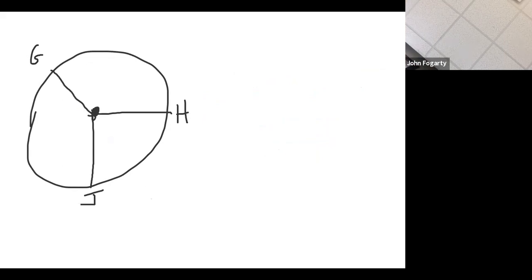I know that this is 90, and I know this is 130. There's the center of the circle. If I said to you, what's X? How would you do that?